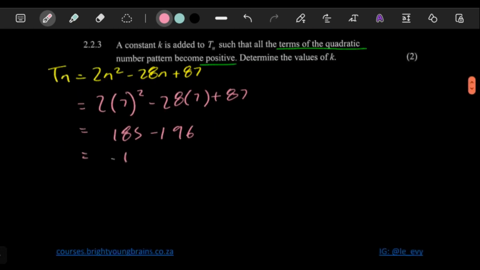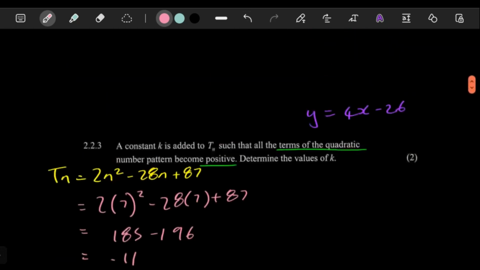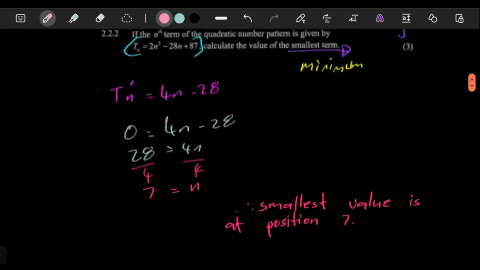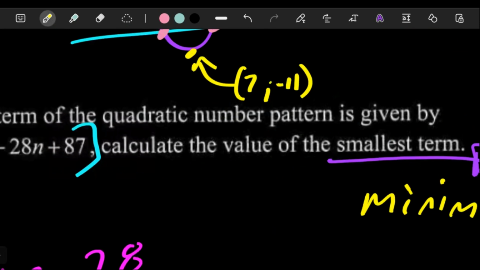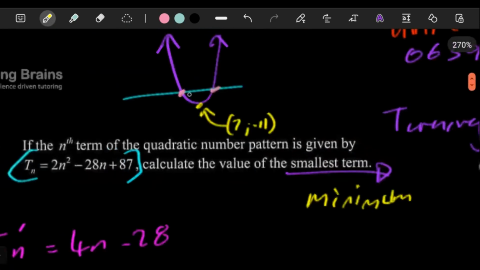So negative 11. That's quite interesting, because we would at least be expecting some kind of positive number. Oh no, we are expecting a negative value, because this is telling us that the y value of the turning point is negative 11. So if the y value is negative 11, for you to only have positive values, you need to move it upwards at least 11 units.